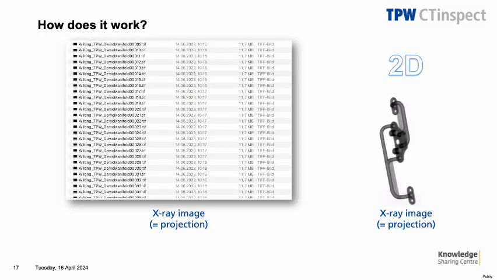The result are hundreds or even a few thousand X-ray projections that were taken at different steps during the part rotation. So this is a lot of image information that takes several gigabytes of hard disk space.